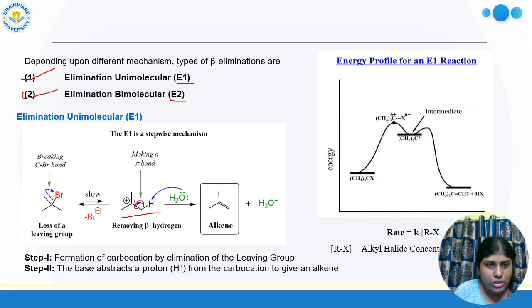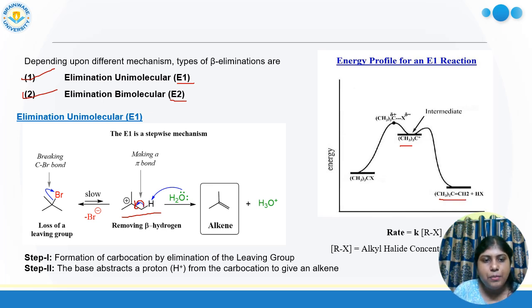This is a two step reaction. First step is slow step or rate determining step. Rate determining step means formation of carbocation. And the second step is the abstraction of proton by a base and formation of an alkene. This is our energy profile diagram of E1 elimination reaction or unimolecular reaction. So energy versus reaction coordinate. This is our alkyl halide, and first step is the formation of carbocation and the second step is formation of alkene.